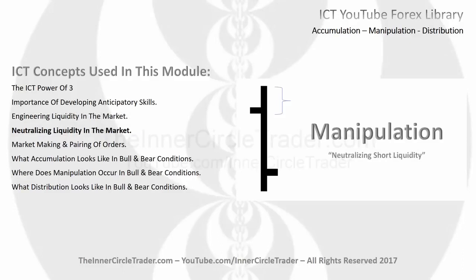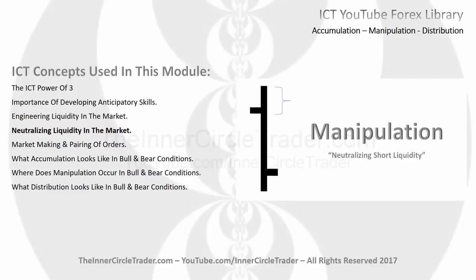Another form of manipulation would be neutralizing short liquidity. In other words, those individuals that would already be short in the marketplace that would otherwise profit from the coming decline are knocked out by having their buy stops tripped. So they're neutralizing their short position, and their short position being neutralized is a buy stop.